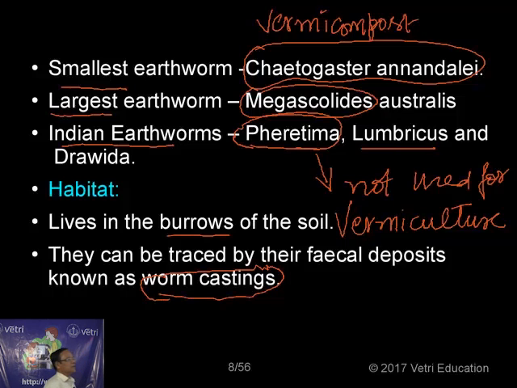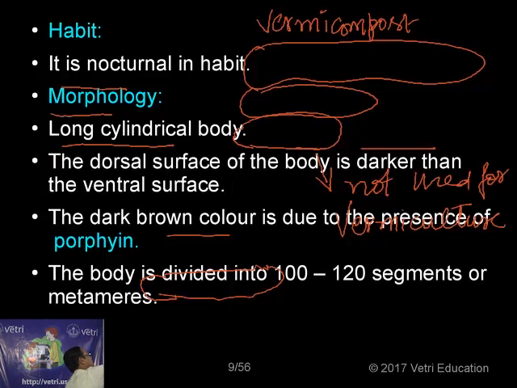After feeding, the animal eliminates the waste in the form of cast, called the worm cast. By the presence of these worm castings, one can know that in that place we have earthworms. So their presence can be found out easily.